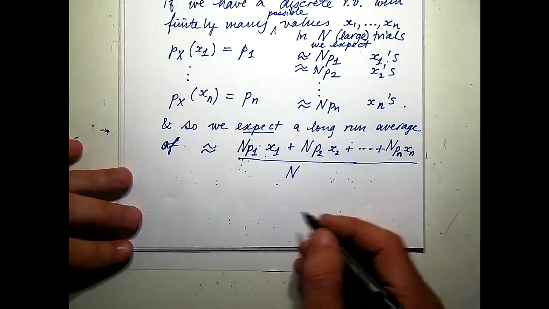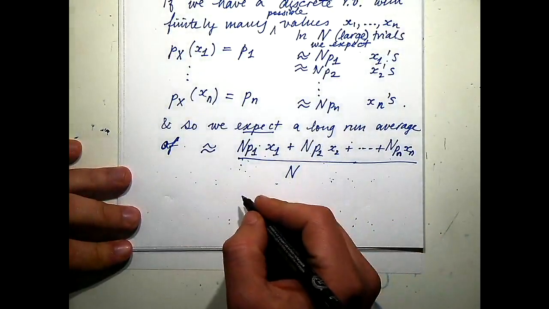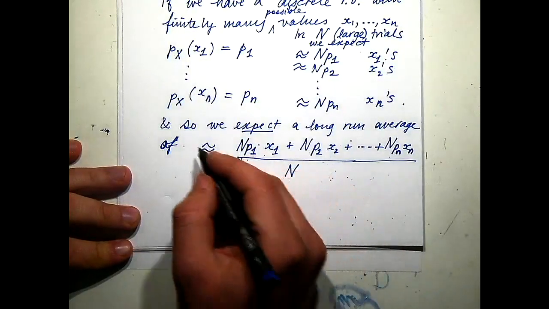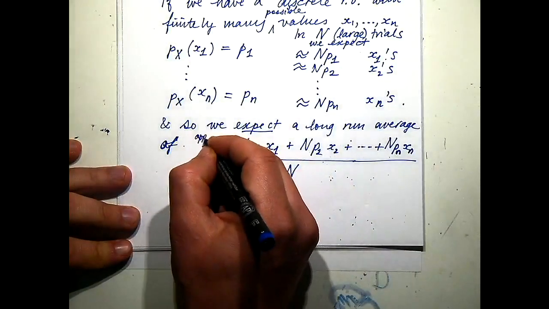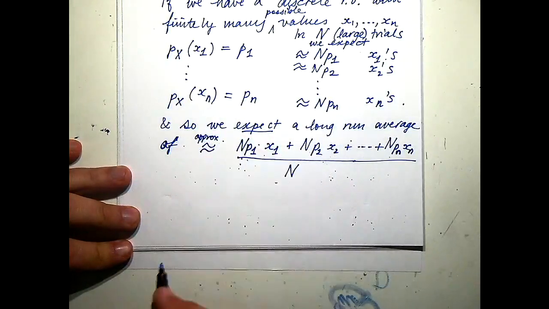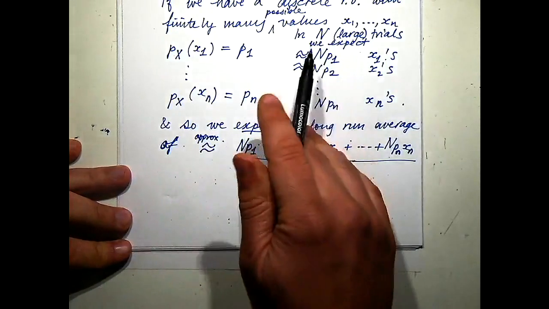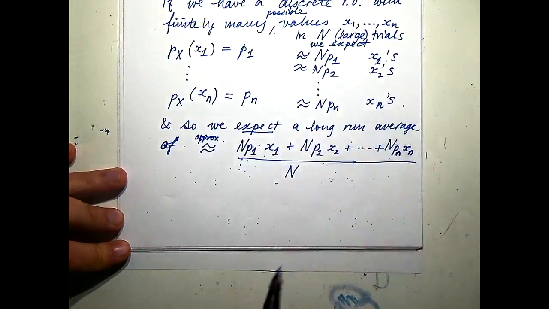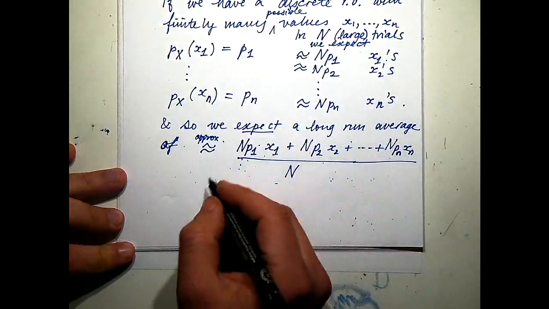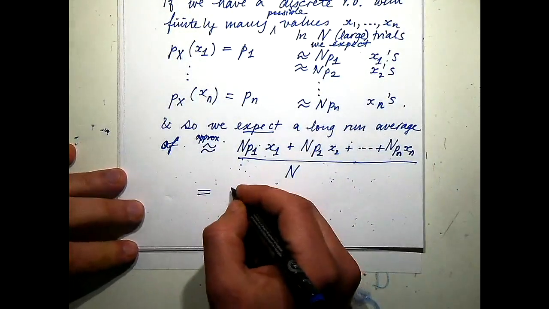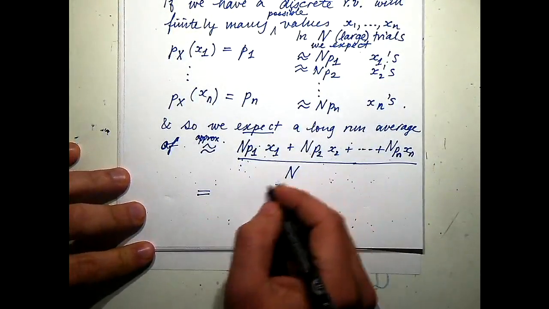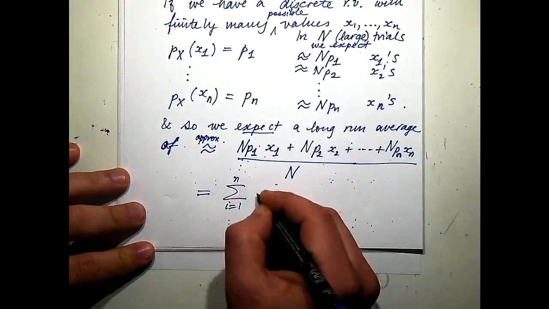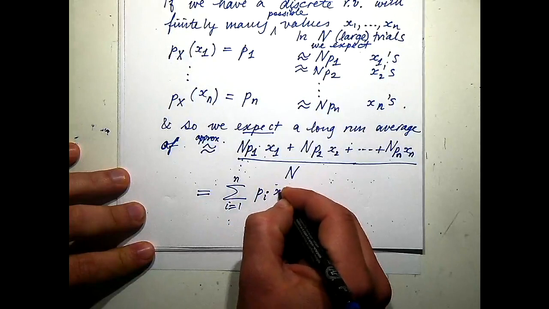Now, that's what we expect approximately. It's an approximation because each of these counts of trials was an approximation. But the long-run average should then be, all the N's cancel, of course, P1 x1 plus P2 x2 plus, so that would be the sum from i equals 1 to n of pi xi.